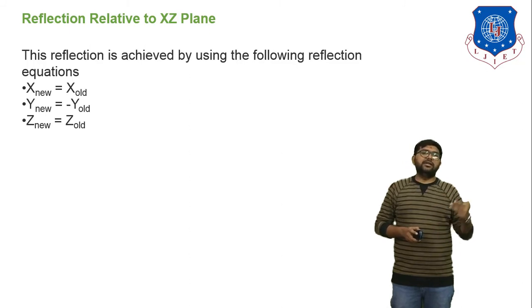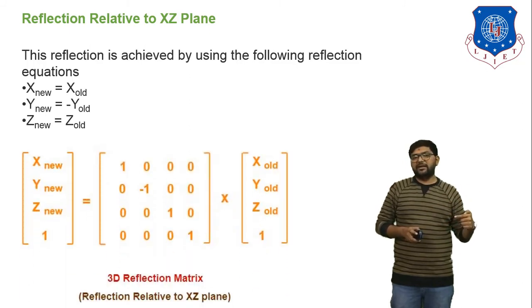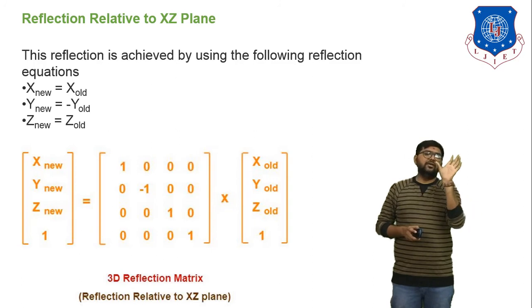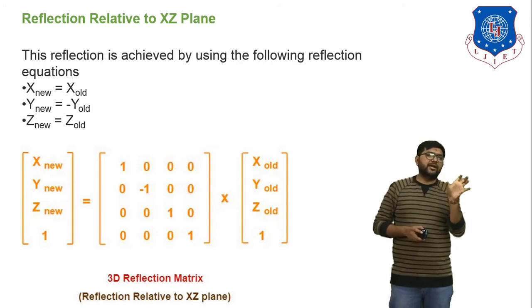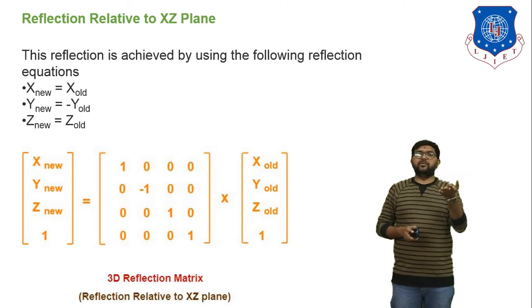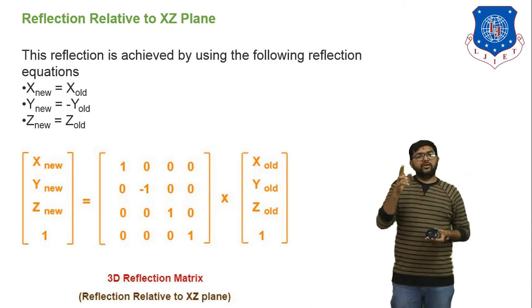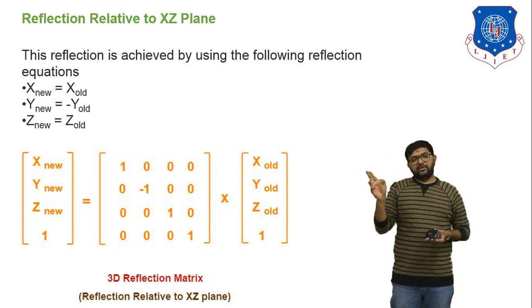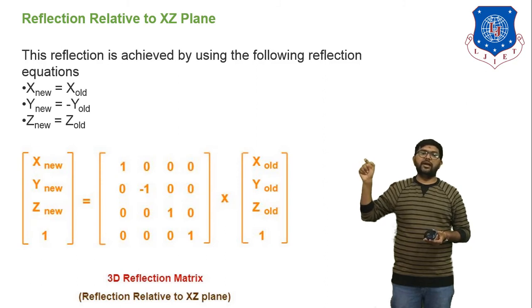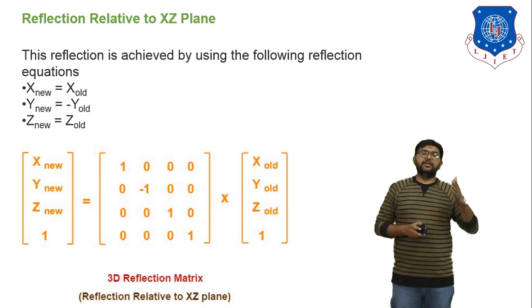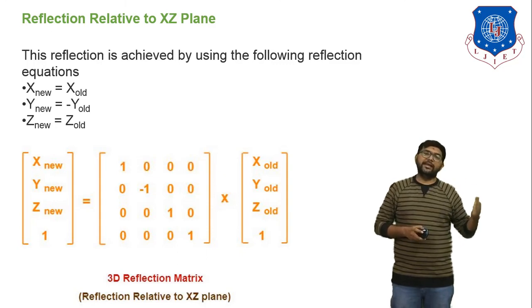Again you have to convert these three equations into a single matrix equation like this: X new, Y new, Z new, and 1. Whenever you convert the three equations into single matrix form, you have to follow the reverse process, which you already know. Now the matrix is 1 0 0 0, 0 minus 1 0 0, 0 0 1 0, 0 0 0 1, multiplied by X old, Y old, Z old, and 1. That is the equation of 3-dimensional reflection relative to the XZ plane.